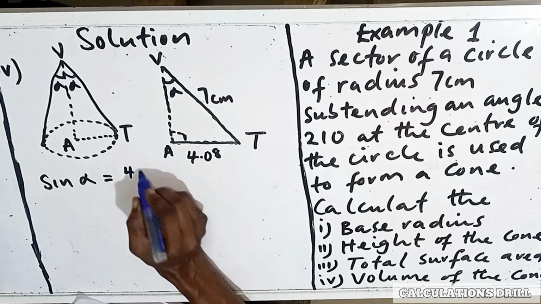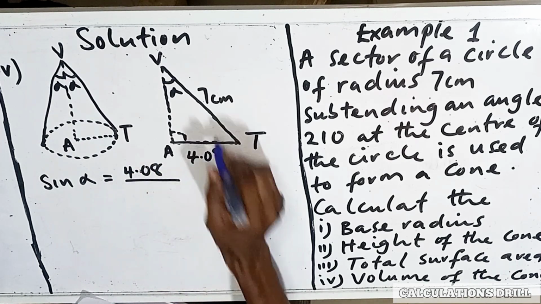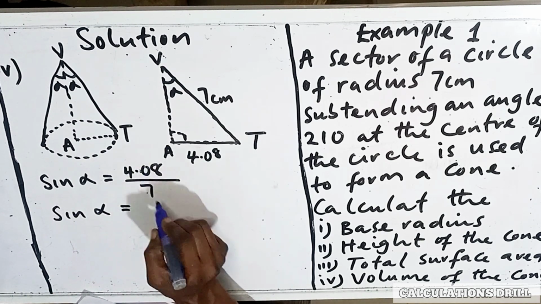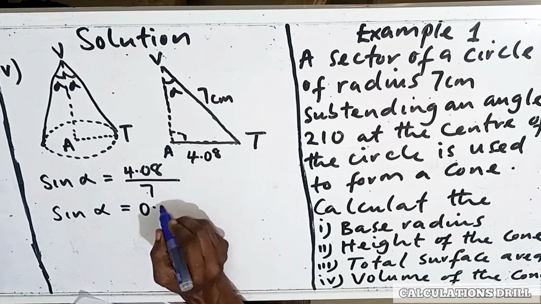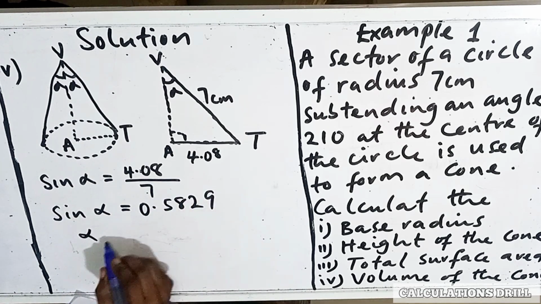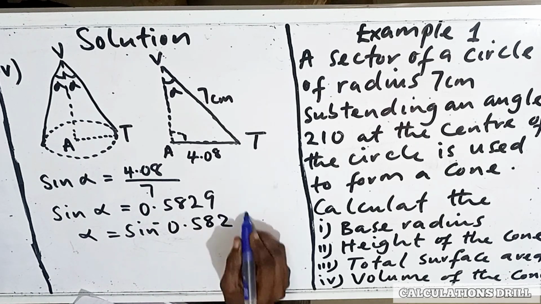So we're going to use SOHCAHTOA since we are concerned with opposite over hypotenuse. And when we did that, we got 0.5829. Alpha equals sine inverse of 0.5829.